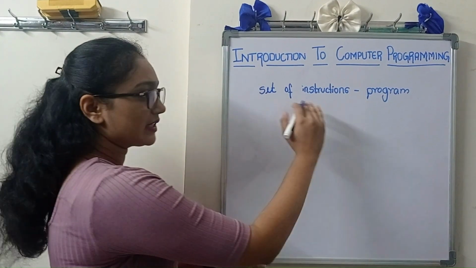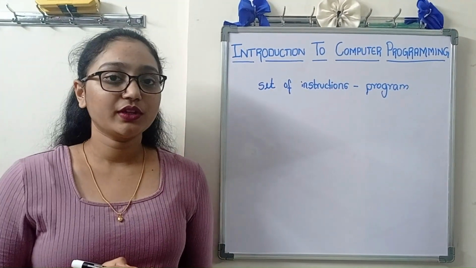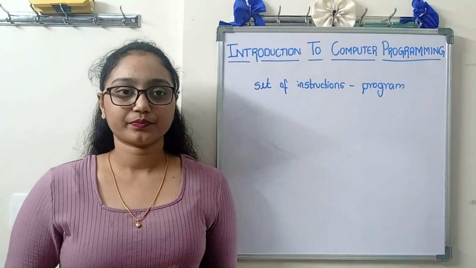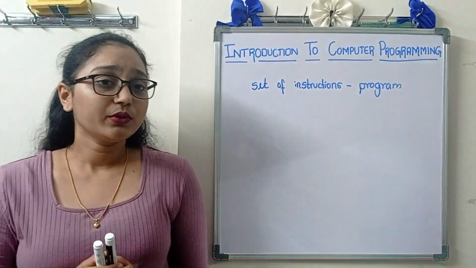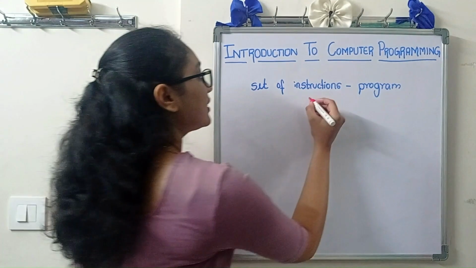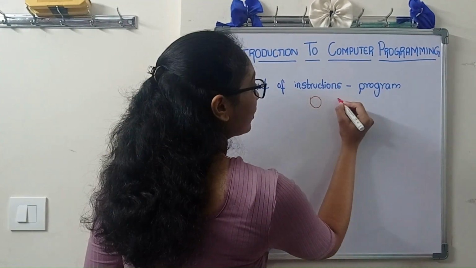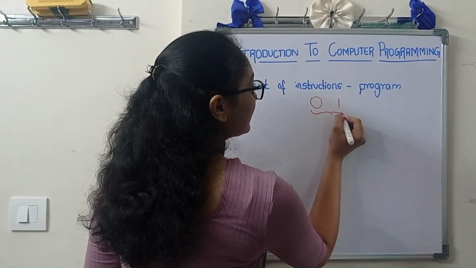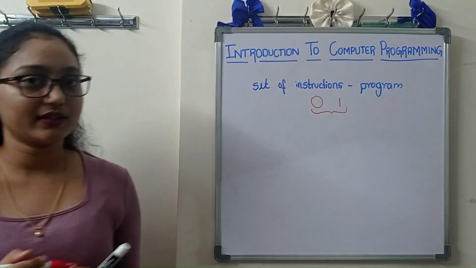By using these sets of instructions, we communicate with the computer. And the computer understands only the binary language, that is 0 and 1. This is the language that the computer understands.